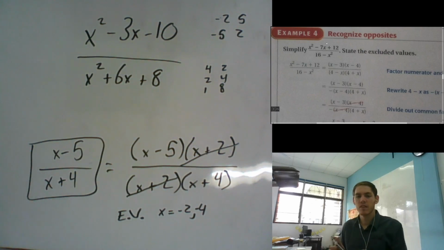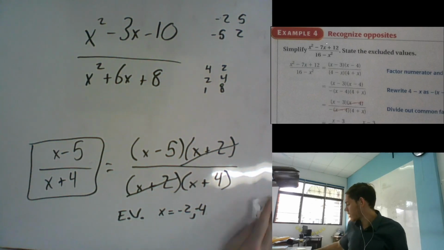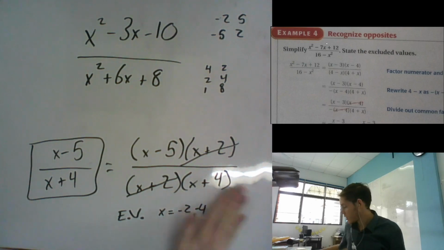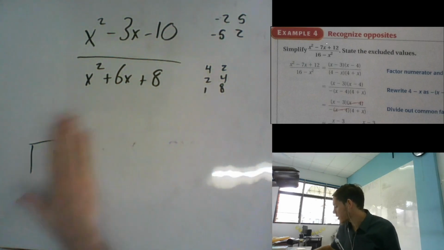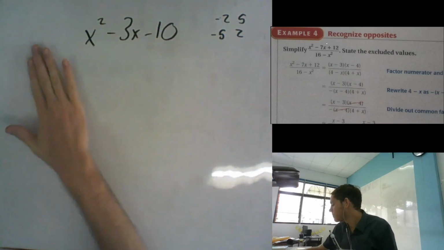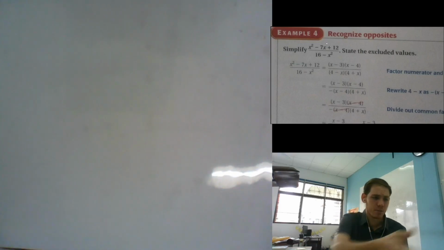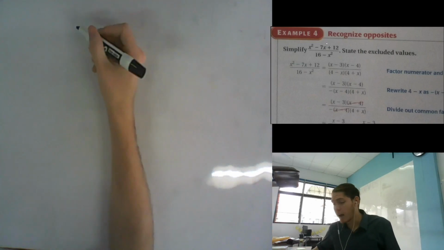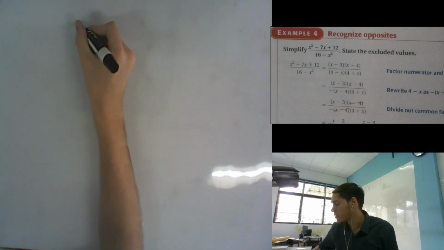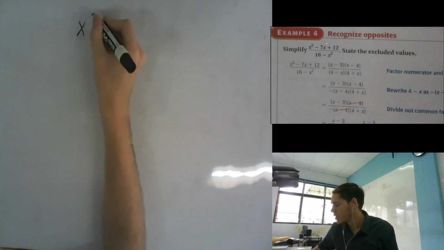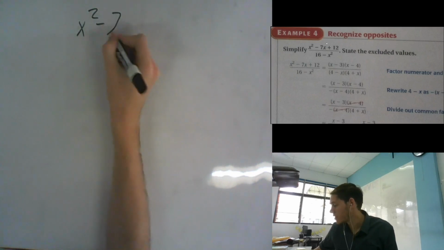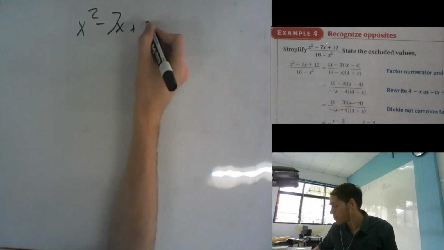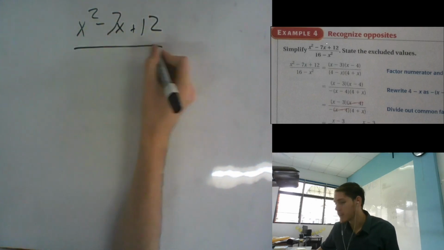Okay, I'm going to erase this real quick and go into our next examples. And then we'll do some practice problems. I'm going to go over practice problems and the homework questions so that you guys will be comfortable with that.